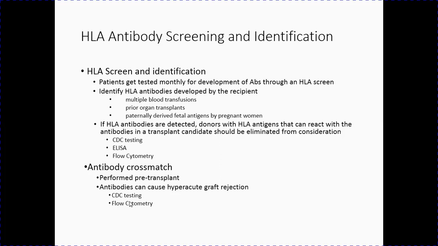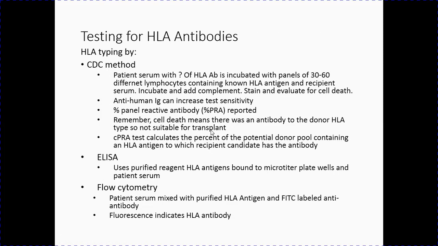Patients get tested for this every month prior to receiving a transplant. And if by any chance HLA antibodies are detected, they check and see if the donor has the antigen, and if they do, that candidate is eliminated from contention for donation.